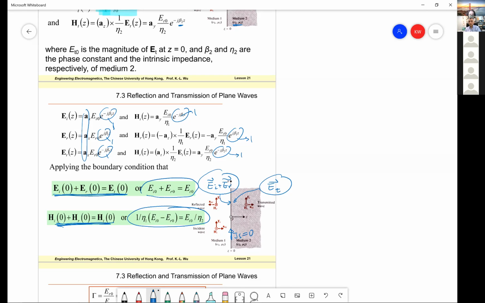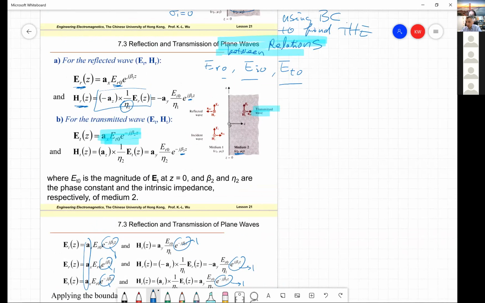Now it's a good time to solve this. Two equations, we have 3 unknowns, right? But I don't like to say we have 3 unknowns. We only have 2 unknowns because the incident wave is supposed to be known. It is decided by the traveling distance and by your transmitter, the power you transmitted.